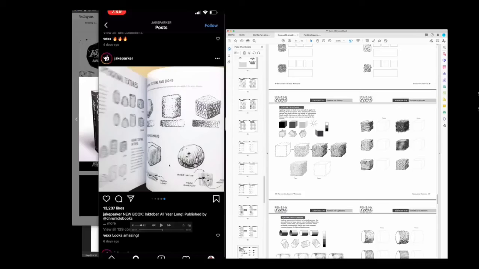Yes, there's a wood cube. There's also a rock sphere, which doesn't seem present in Dunn's book, in his workbook, and there's some notes here about using cracks to add shading in the rock.